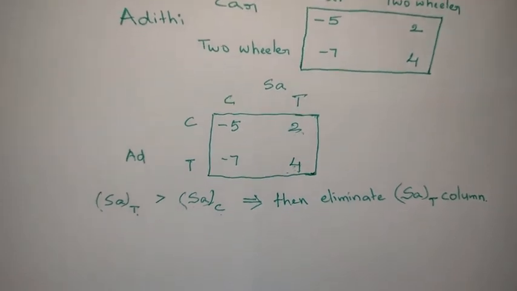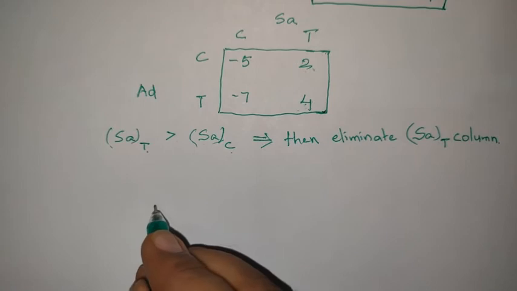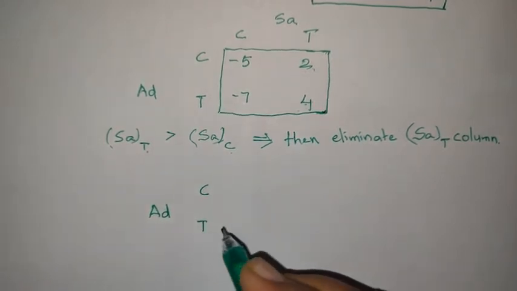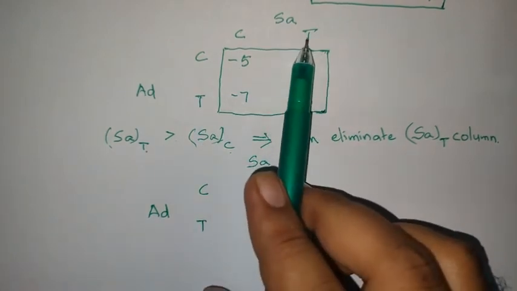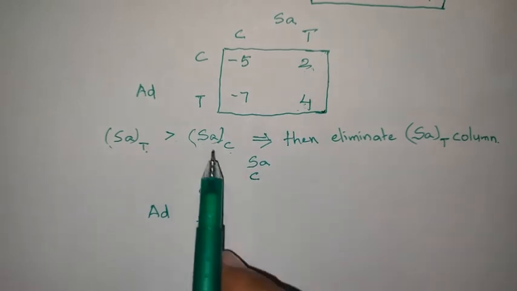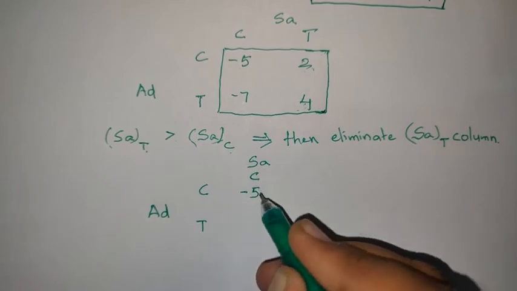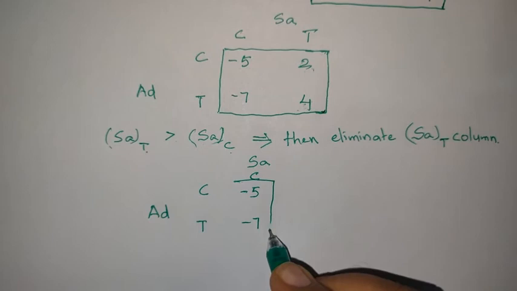If you see the next matrix, it will be Aditi car, two-wheeler, and Sahiti. Here the two-wheeler is going to be eliminated, only car will be there. Then what are the car values? -5, -7.